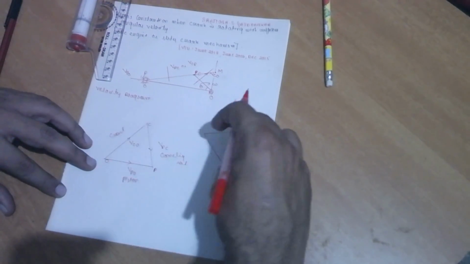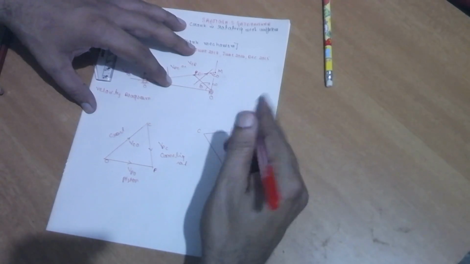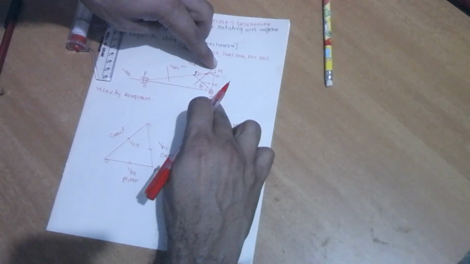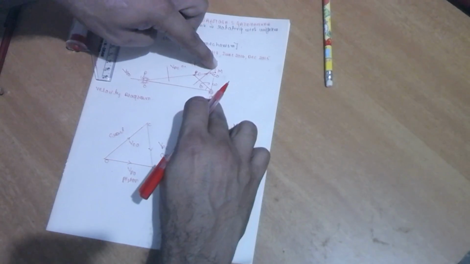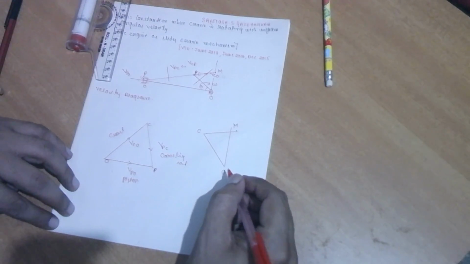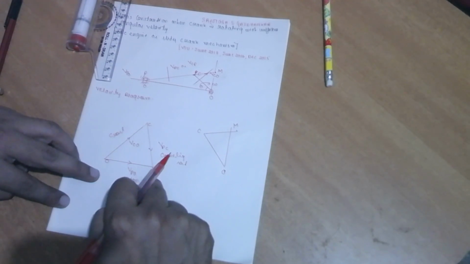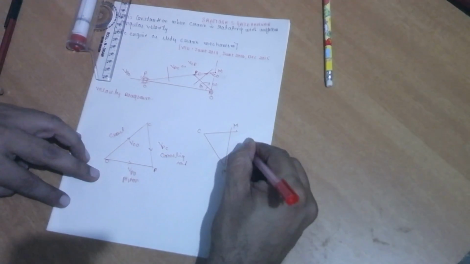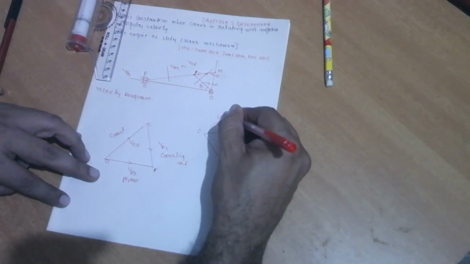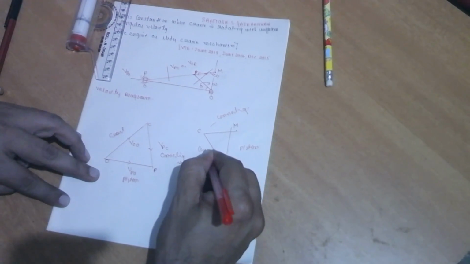Similarly, OM acts as a piston here. This one acts as a connecting rod, and this acts as a crank.